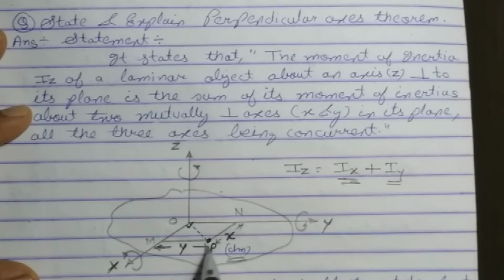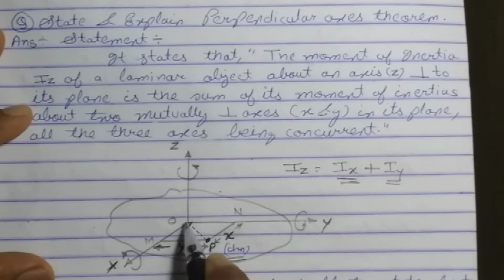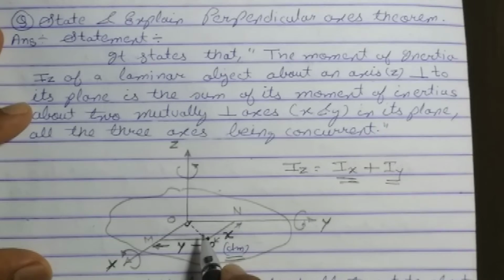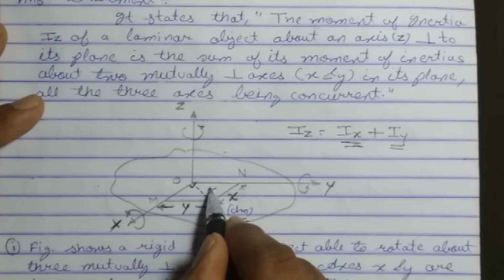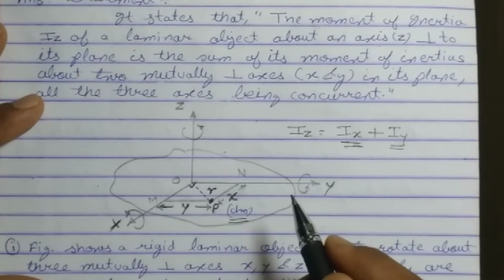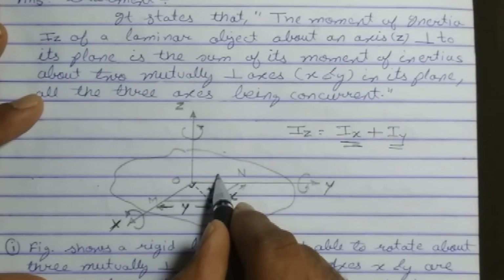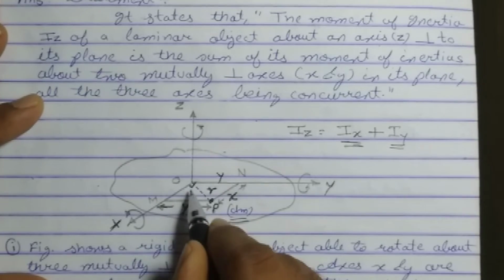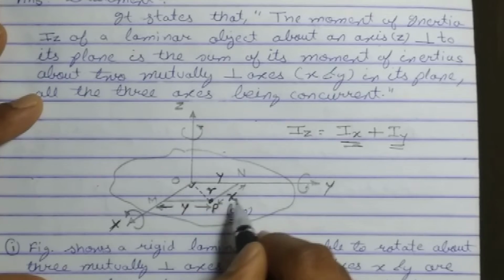Since this point is on the plane lamina, we consider one more distance, from the Z-axis. Let us consider the distance from the Z-axis to be small r. We observe that this is y, then this also is y, because quadrilateral OMPN is a rectangle.